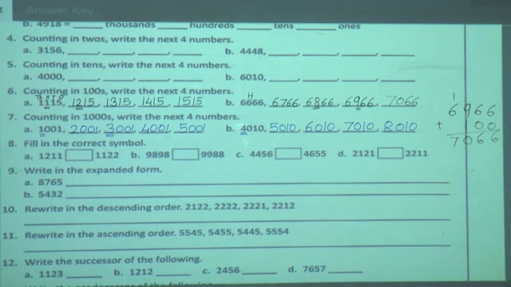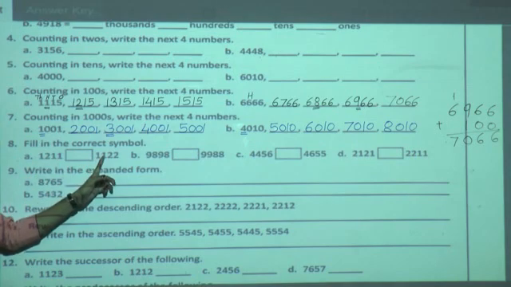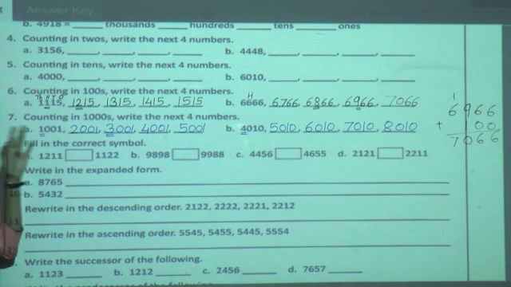Now see the next question. The question is fill in the correct symbol. Means here we have to decide which number is greater or which number is smaller. So first see the first example, the number is 1211 and here 1122.